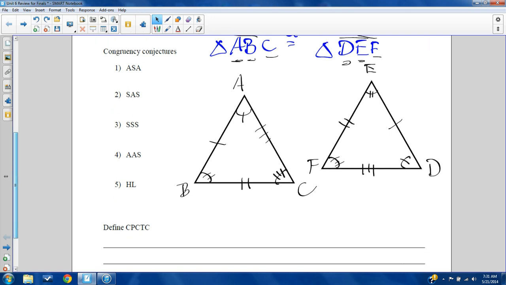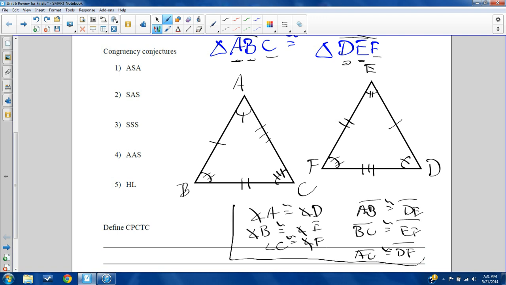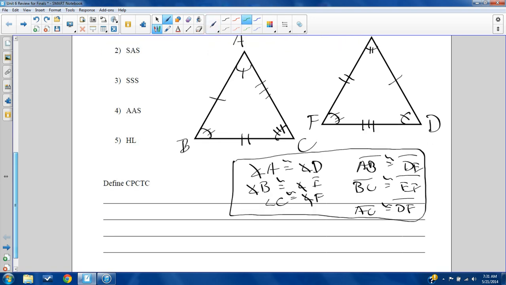You can then say that angle A is congruent to angle D, angle B is congruent to angle E, and angle C is congruent to angle F, and the segment AB is congruent to segment DE, segment BC is congruent to segment EF, and segment AC is congruent to segment DF. These 6 things that I listed are all a part of that 5-letter thing called CPCTC.